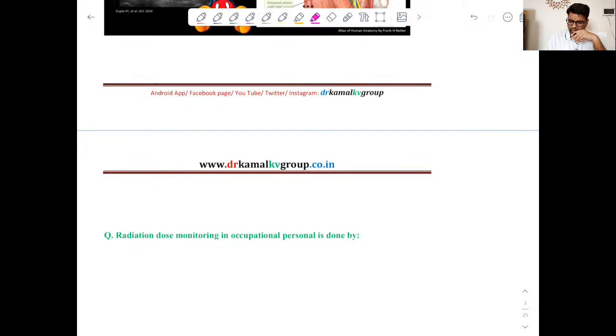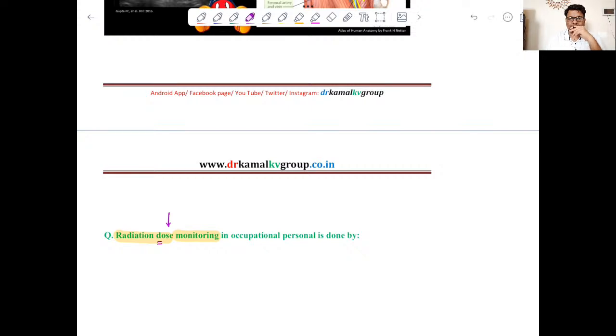Now a very basic question: the radiation dose monitoring in occupational persons, the persons who are working in radiology setups, like the technicians and all. We have to check what amount of radiation they have been exposed to. That radiation dose monitoring is done by a device.